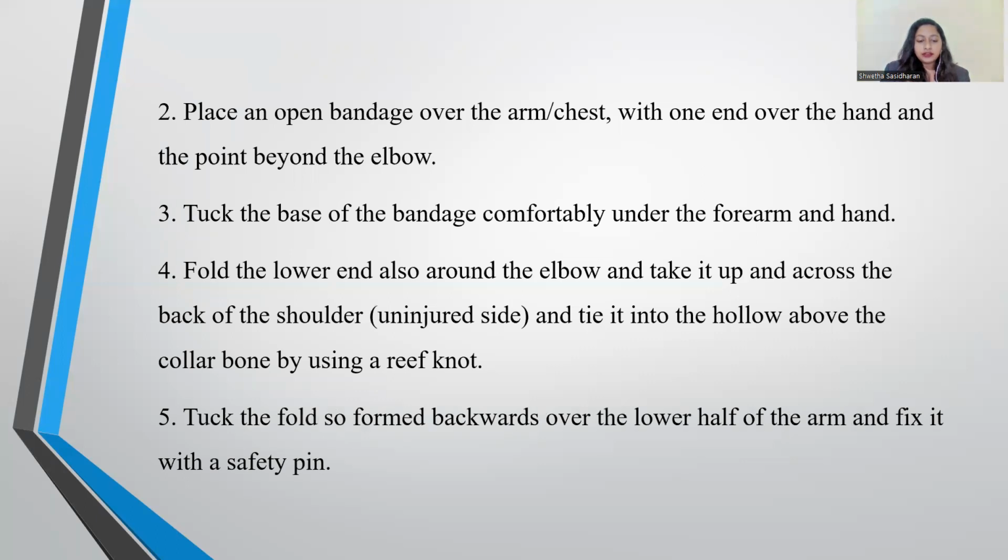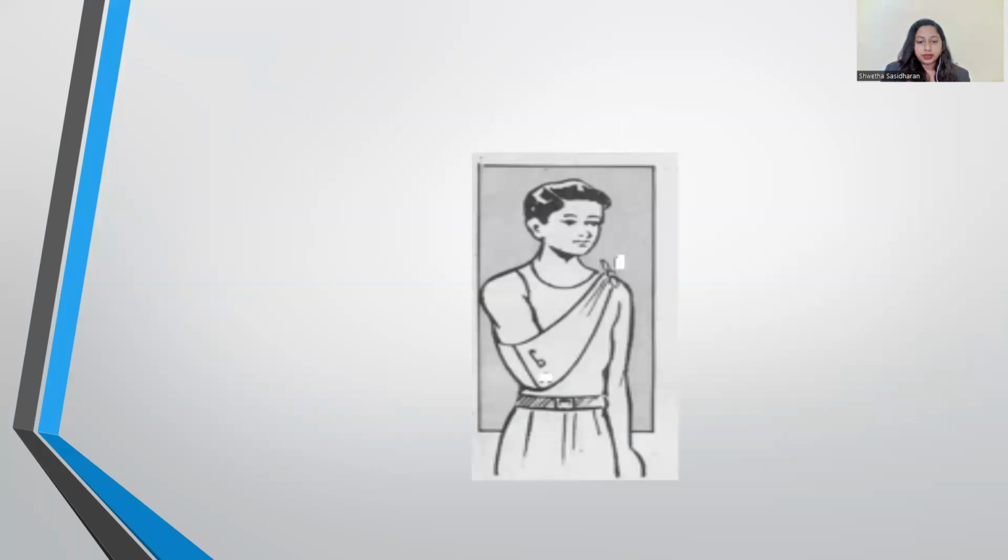Tuck the fold and form backward over the lower half of the arm and fix it with a safety pin, somewhat in this way. So you are trying to put the sling over here on the elbow area and lift it up towards the uninjured side.